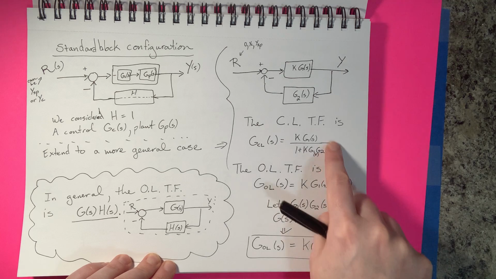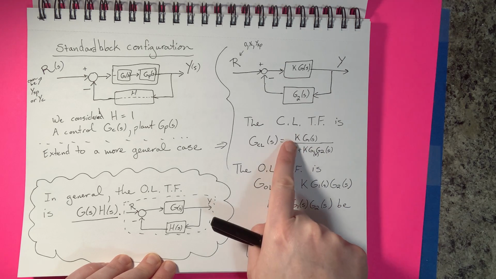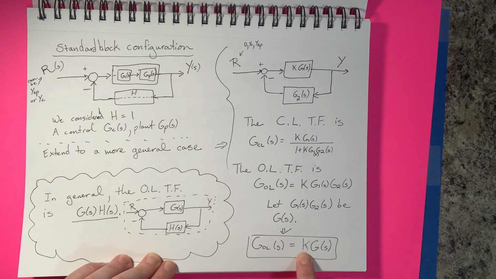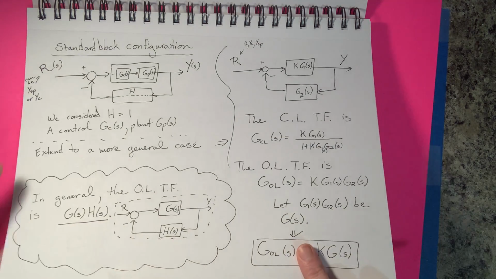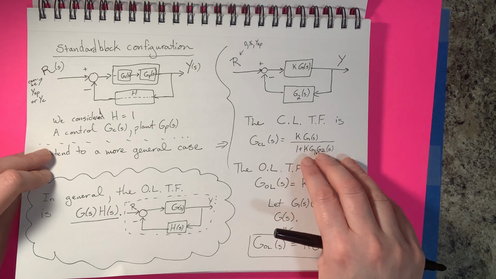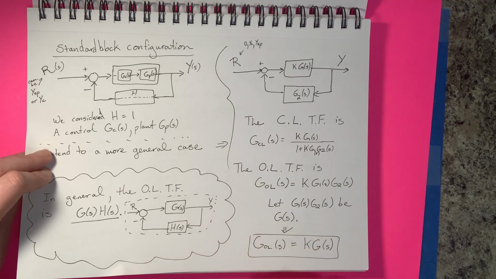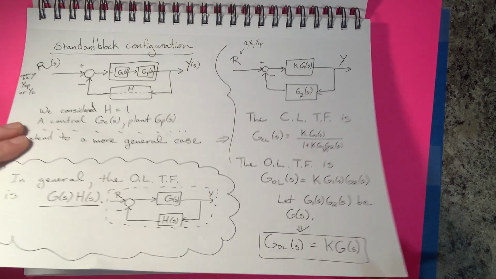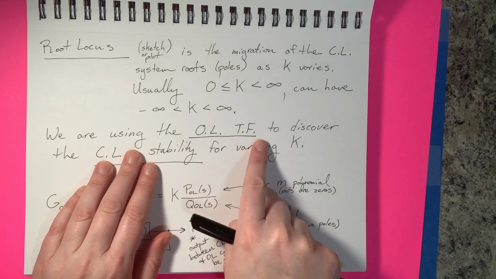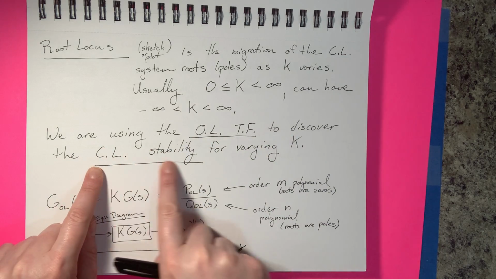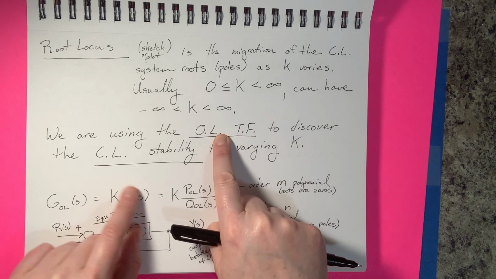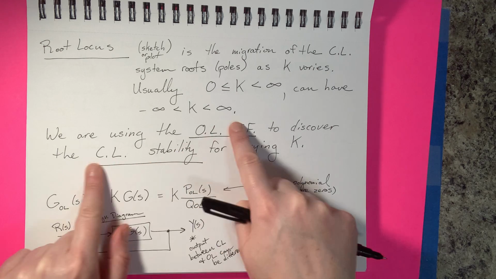Well, this is a little more work, and you see that we have k appearing in 2 places here, whereas k only appears in 1 place here. And so, if we can get away with doing a little bit less work, a little bit less calculation, and get the exact same results, why not take advantage of that? And that's really what it comes down to. We're using the open loop transfer function to discover the closed loop stability for the varying k. This happens because the open loop roots and the closed loop roots are actually the same.